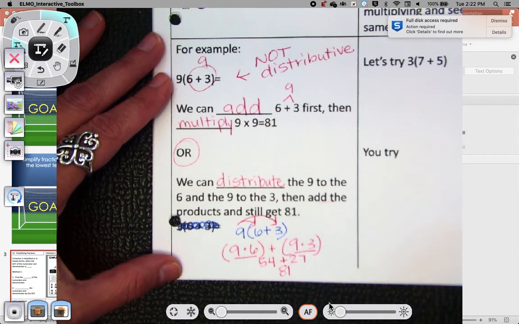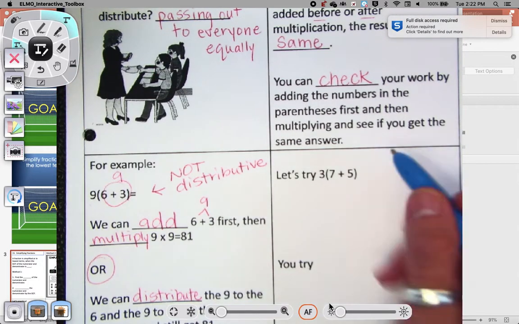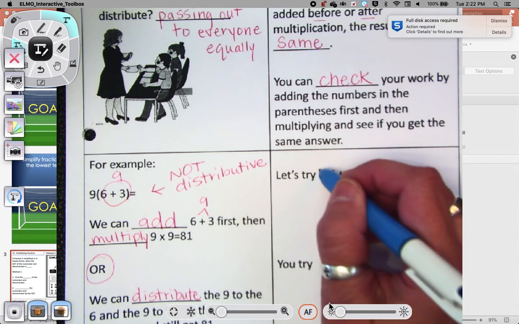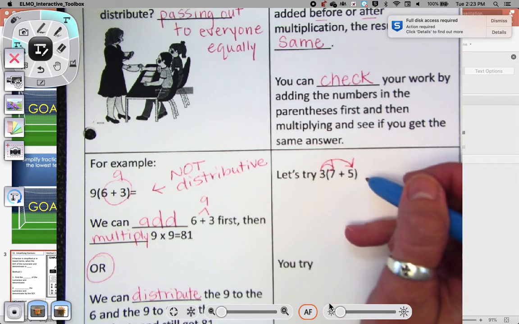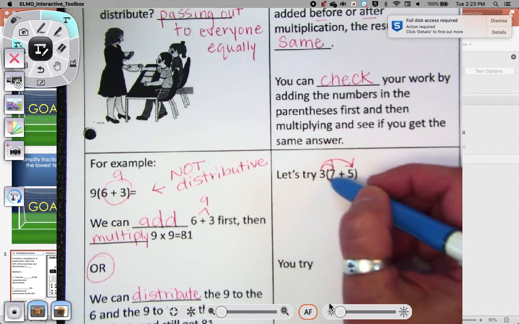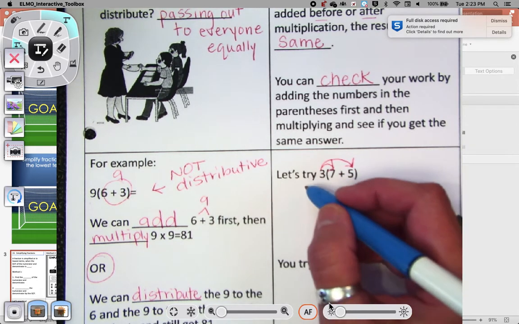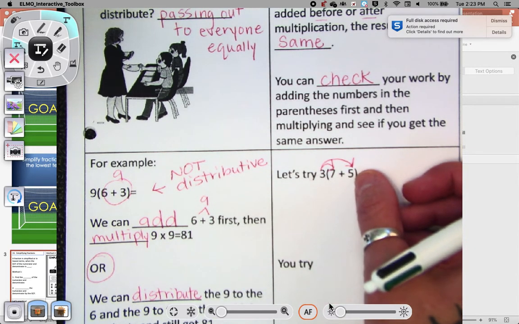Okay? So let's try one together. Let's try 3 times (7 plus 5). It's always a good idea to draw your arrows. Remember, we talk about all the time that it is scientifically proven that if you write something, the chances of you remembering it are greater. So if you'll do your arrows, you'll have less of a chance of forgetting one of your numbers.